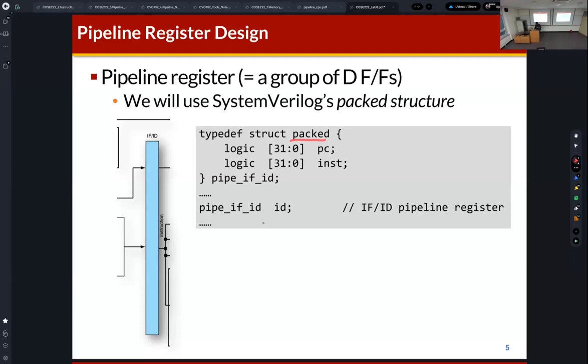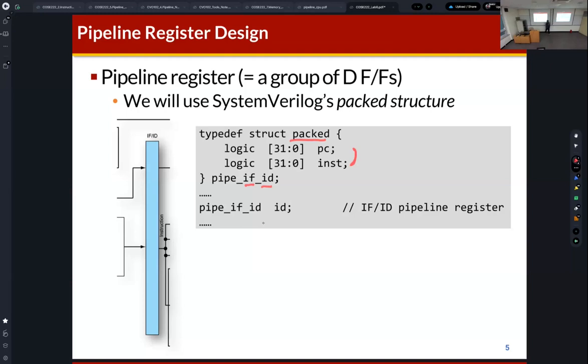In this structure, we can include multiple elements. Like in this example, this is the instruction fetch and ID type, right? It means that we will use this type for implementing the instruction fetch/ID pipeline register. We can observe that this structure type includes two member variables.